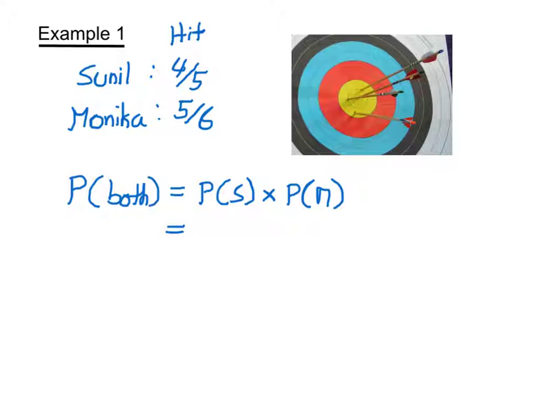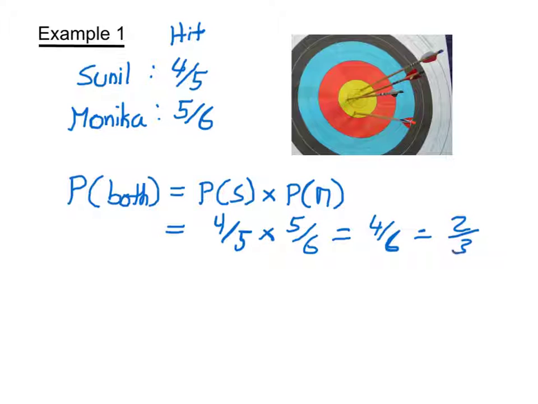And in this case, we know those probabilities. They're simply 4/5 and 5/6. So if we multiply those together, we get 4/6 or 2/3. And remember, we can leave probabilities in fraction form if the decimals aren't nice and neat.